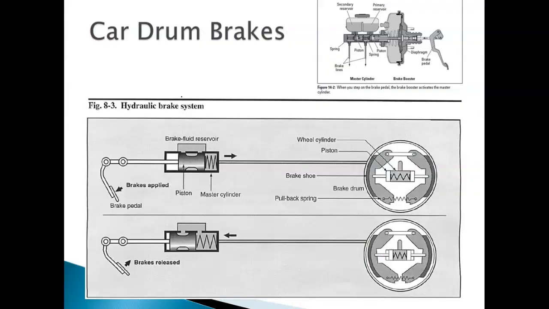So, car drum brakes. Drum brakes are still used, but they're also not as used. What have they kind of been replaced by? What, none of y'all work on your brakes?